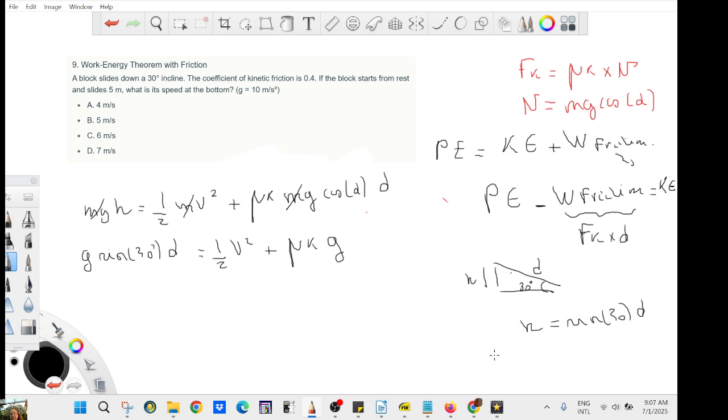So cosine 30 is about square root of 3 over 2. So you need to know that it's about 0.87, and sine 30 is about 1/2, right? So here we have a cosine 30 times d. So this is 1/2 here. You can multiply everything by 2, and this is about 0.9.